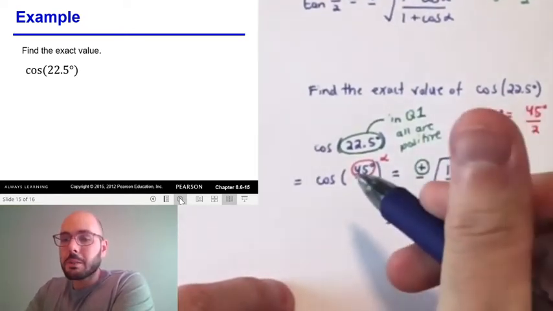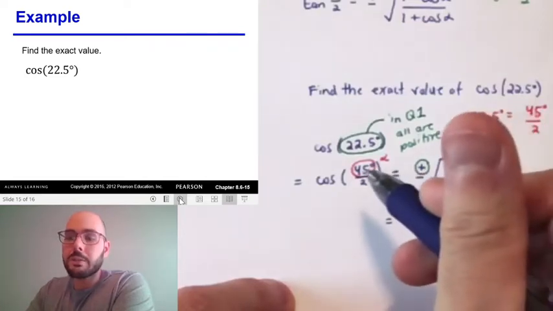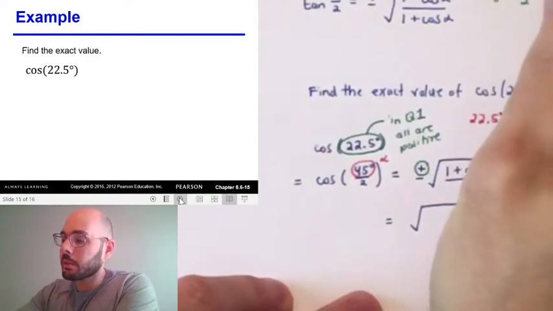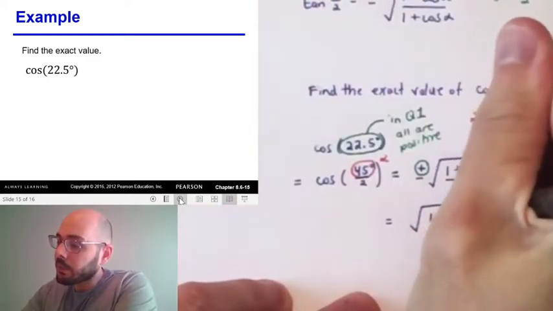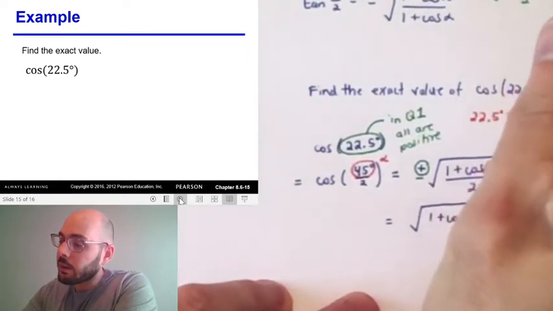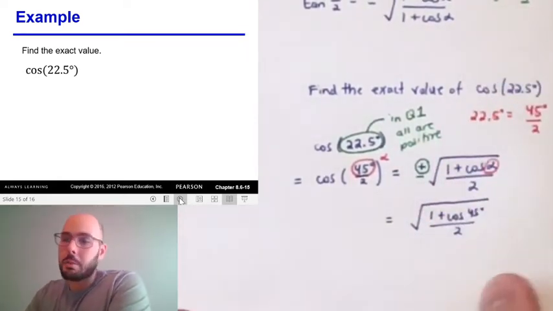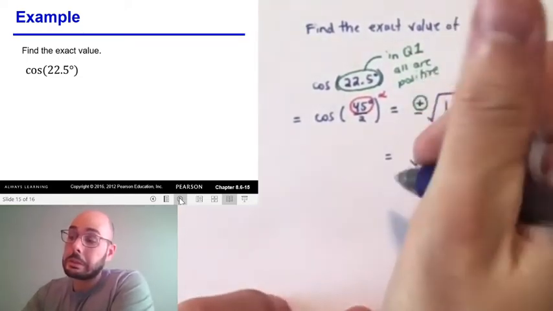So as I described, in this formula, we want to plug in for alpha 45 degrees, because that's the angle that's being cut in half in this problem. So I'm going to plug in 45 degrees for alpha, and then it just becomes a simplification problem, which is usually where all of the work in these problems is.